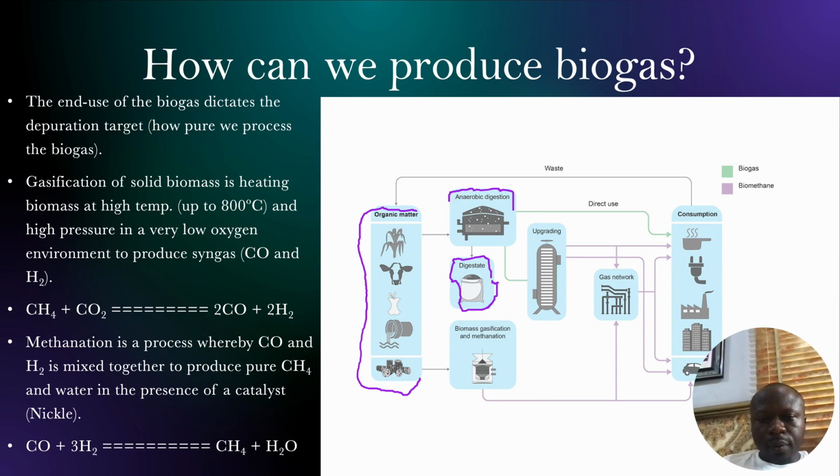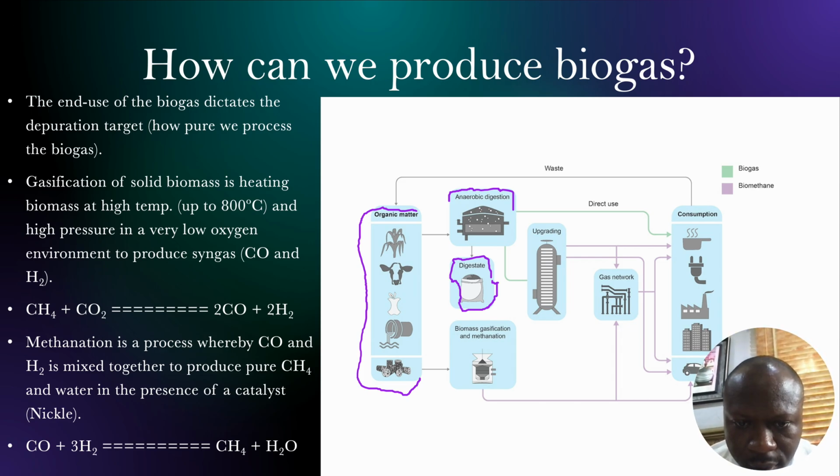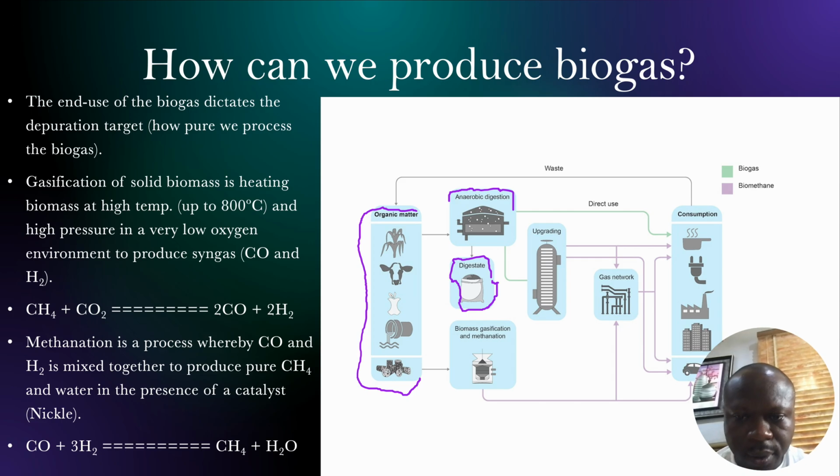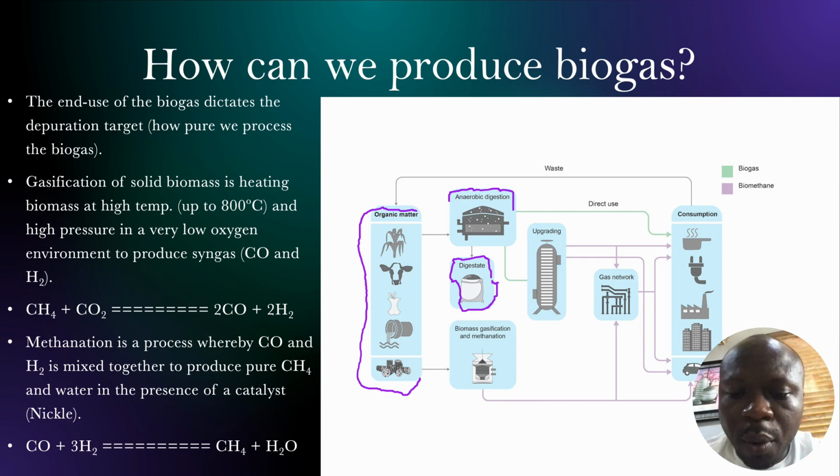Now, from the anaerobic digestion, we can also let the biogas out to upgrade it. That means to remove every form of other gases in it so that we can obtain our pure methane.